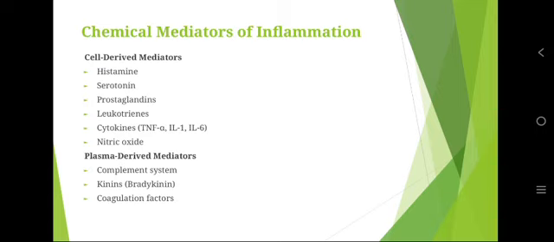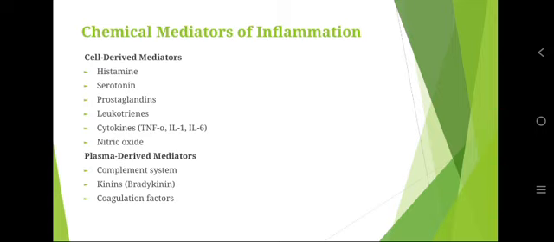Histamine is released from mast cells, and it causes vasodilation. Serotonin increases the vascular permeability. Prostaglandin causes pain and fever. Leukotrienes cause bronchoconstriction. Cytokines activate the immune response and increase the inflammation.